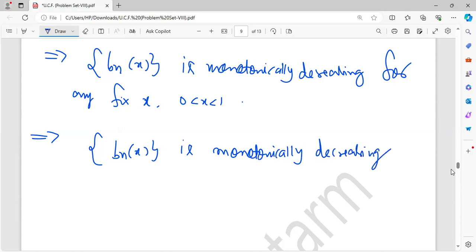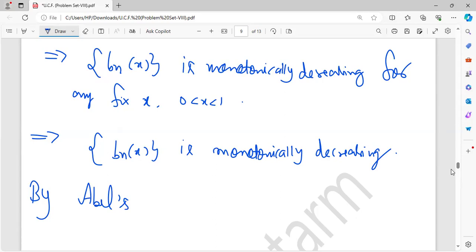Now by Abel test, because the Abel test is applicable, b_n(x) should be monotone for any fixed x. Either it is monotonically increasing or decreasing. If it is monotonically decreasing, then for each fixed x it has to be monotonically decreasing.